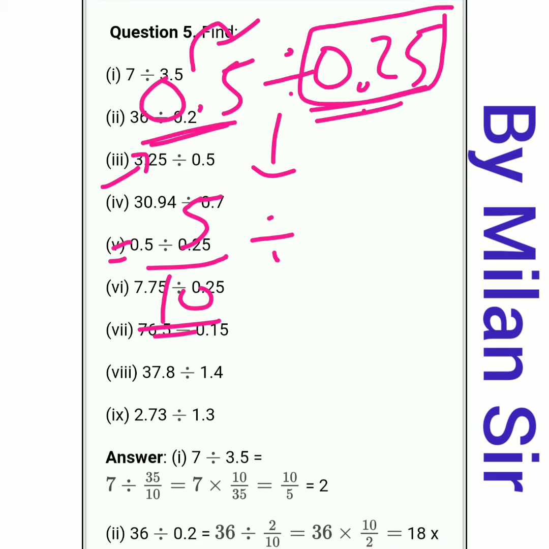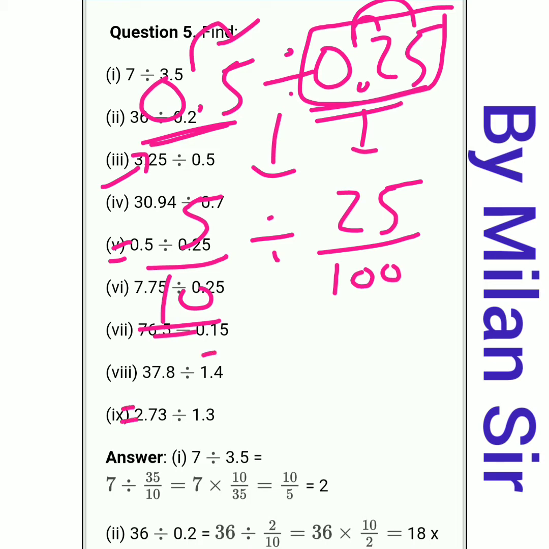Now 0.25: ignore the decimal point, so it is 25. After the decimal point we have two digits, so in the denominator after 1 we put two zeros, that means 100.